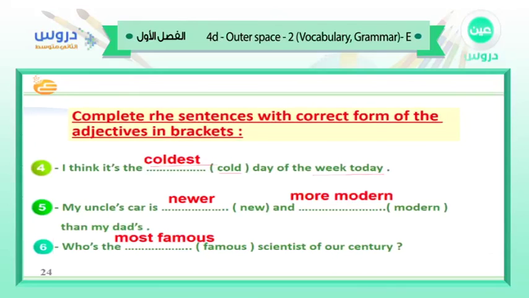My uncle's car is newer, okay, and more modern than my dad's car. So compare between 2, but we have a short adjective and long adjective here. Who's the most famous? Okay? Famous, more than one syllable. Long adjective, scientist of our century, all the century. That's why we use superlative adjective.